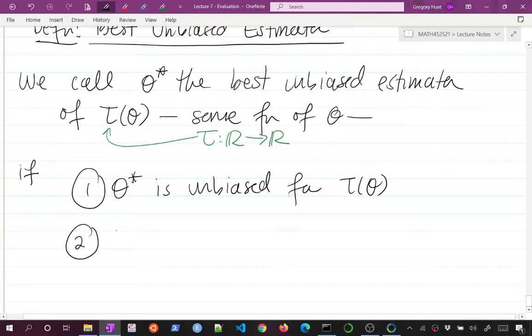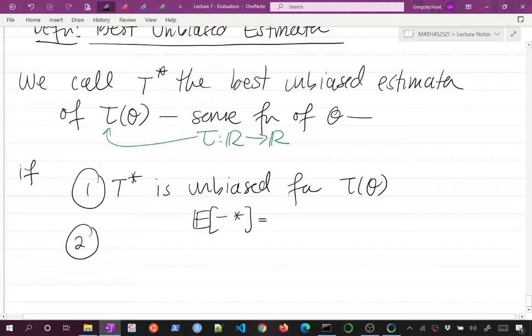And 2, let's not even, should we call it theta? Let's just be a little agnostic here. Let's call it T star, because it's weird to have theta estimating some function of theta, right? So let's just call it T star. We'll say that T star is the best unbiased estimator of some function of theta, theta squared, log of theta, whatever you want it to be.